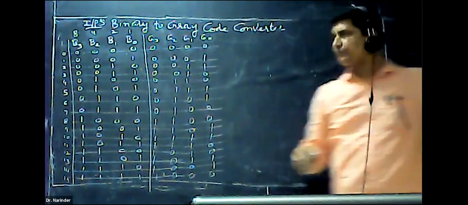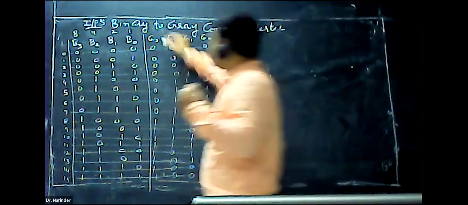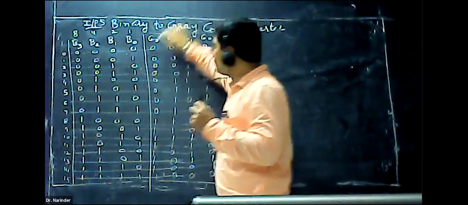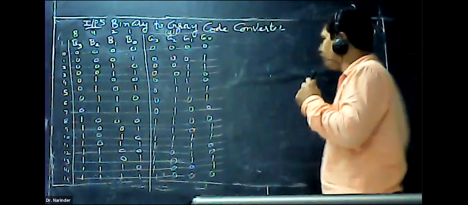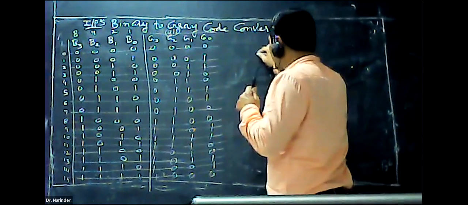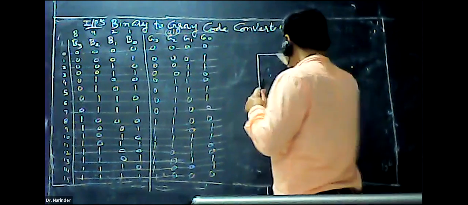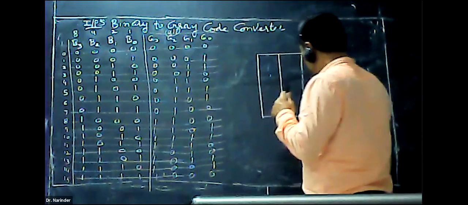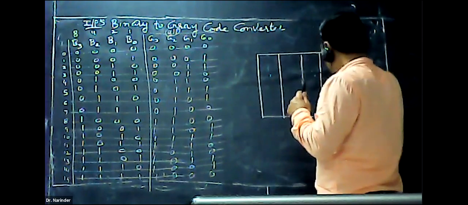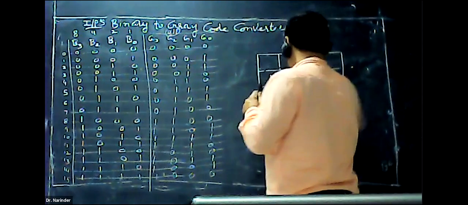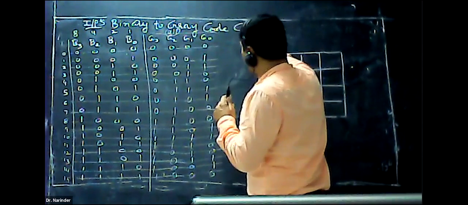So students, see, these are your inputs. These are your outputs. We will pursue the first output, that is G3, with a 4 variable K-map. On this side write B3, B2.